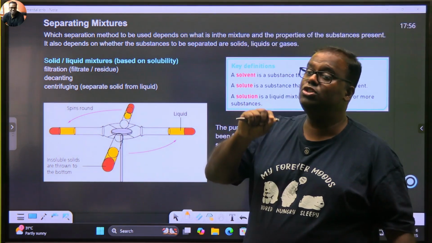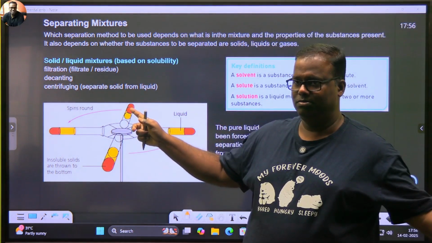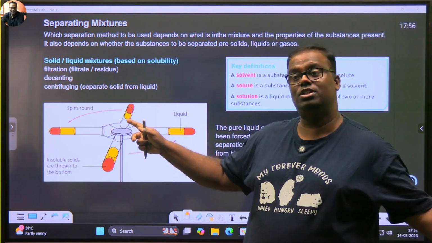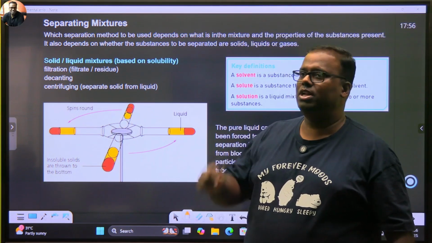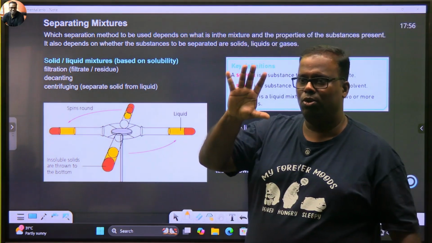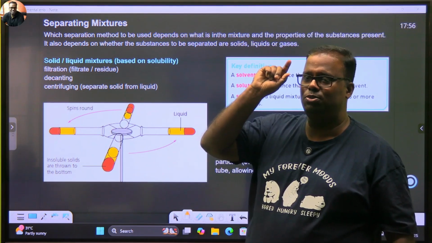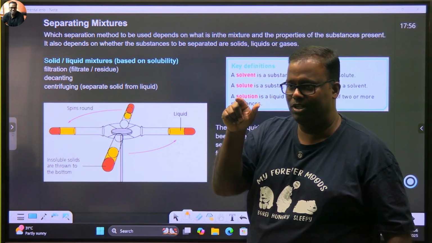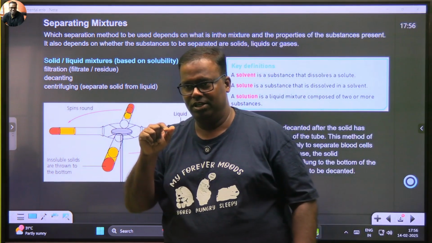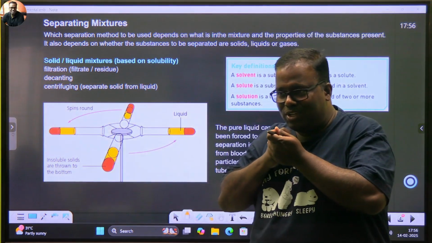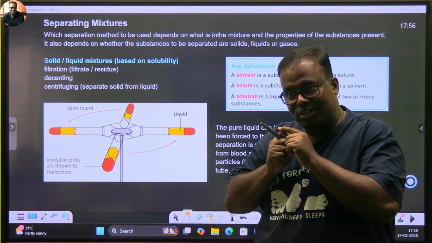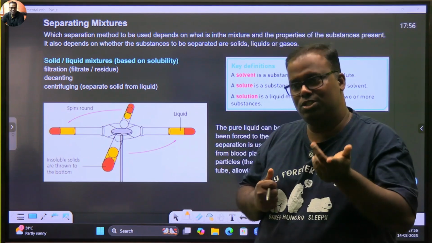The one which is more in count is known as the solvent, and the one which is less is known as the solute, right? So let's say that to a glass of water, I am adding 1 teaspoon of sugar. Now sugar is the solute, water is the solvent. And to a sack of sugar, with a syringe, I am pouring water inside it. Now water is the solute, sugar is the solvent.